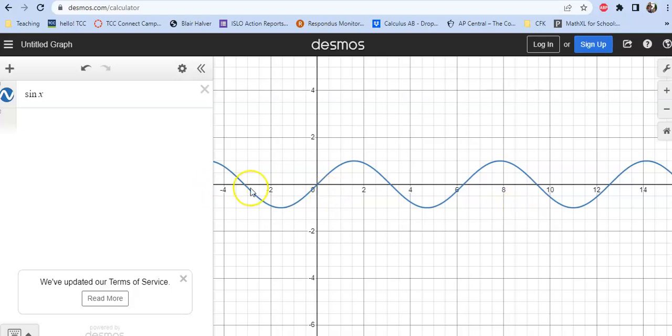So my x values, or my domain of my sine function, goes on forever left and forever right. So that's all real numbers. My range will go from negative 1 to positive 1. That's the lowest I go with no transformations, and we'll deal with transformations later. But just a sine of x with no transformations, I go from negative 1 to positive 1. That is my range.